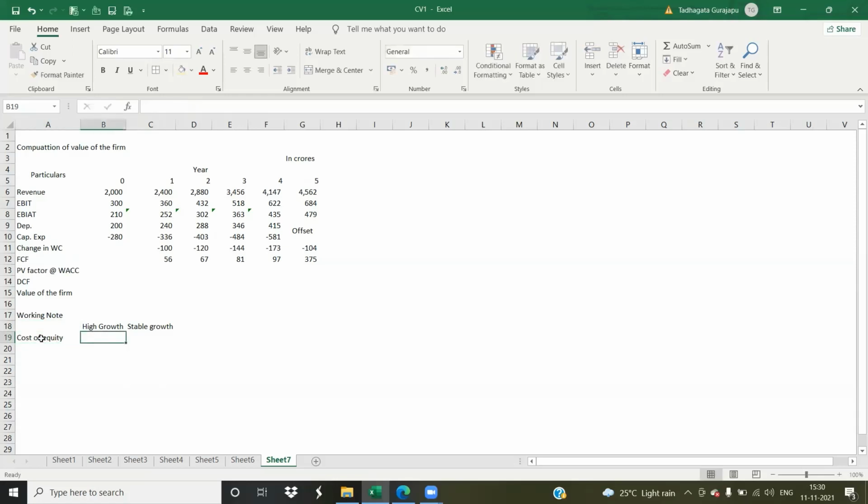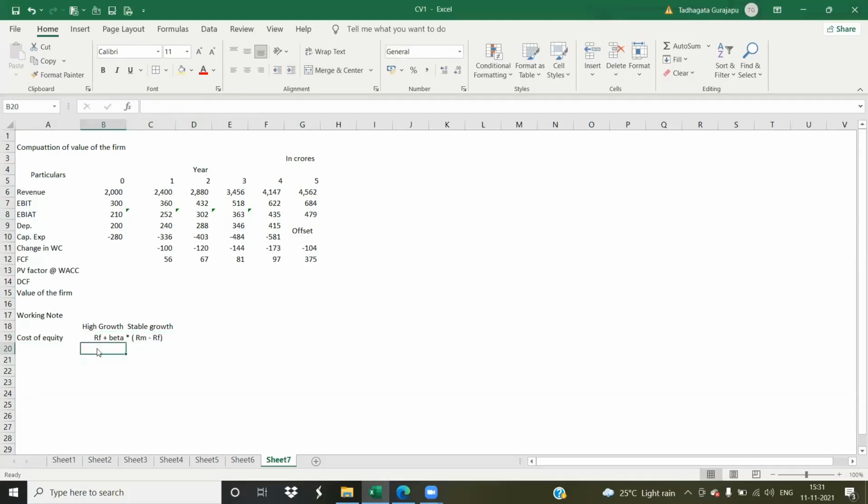What is the cost of equity formula? RF plus beta into RM minus RF, right? Yes, you just merge it. Okay.